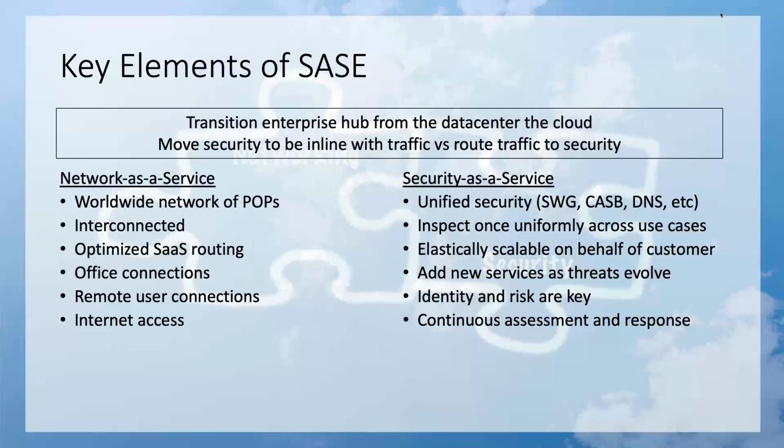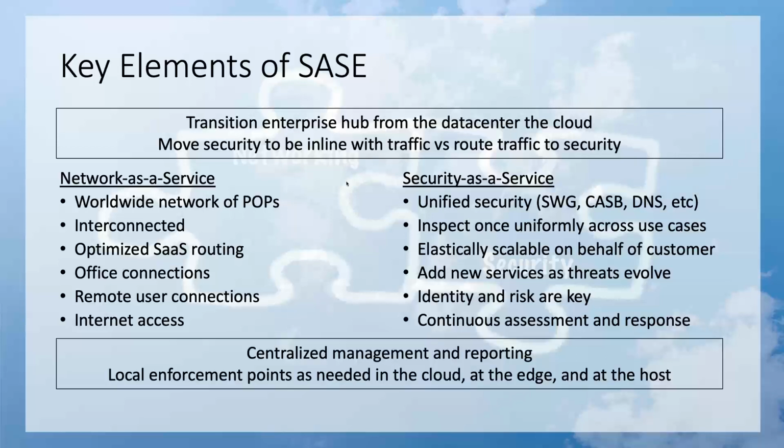So while you have your control plane in the cloud, you can distribute your enforcement points as needed, whether they're kind of in the core of the cloud, they could be at the edge of those branch offices, they could be at the host of the user, and it orchestrates those enforcement points across that deployment.